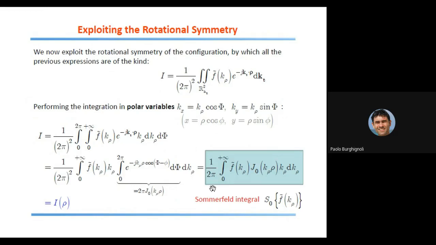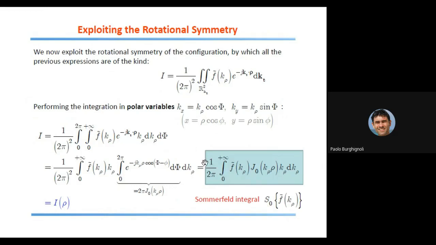And this integral has the canonical form of an inverse Hankel transform of order 0, because we have a function f tilde of k rho multiplied by a Bessel function of order 0 times the wave number k rho, and this is integrated with respect to k rho. Technically, this is known as a Sommerfeld integral of order 0, and we may note it as S0 of f tilde.